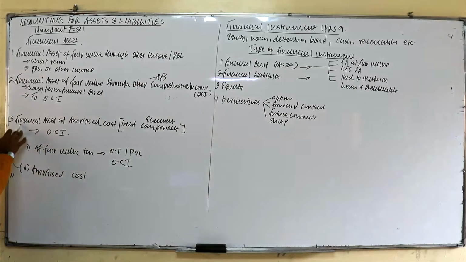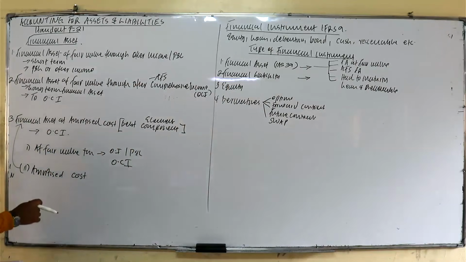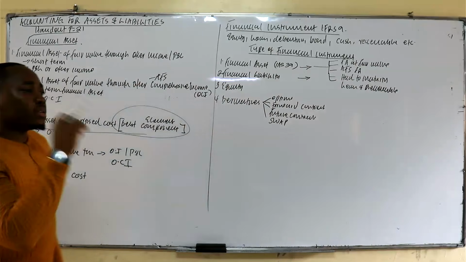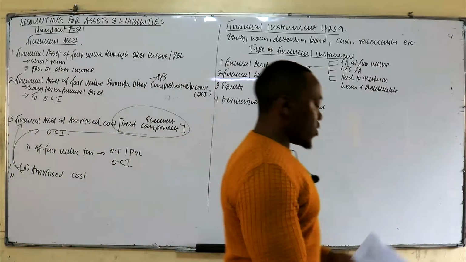Amortized cost. We did it with leases, where we amortize the liability. So that means amortized cost we only use for the debt component, or the debt instrument only.